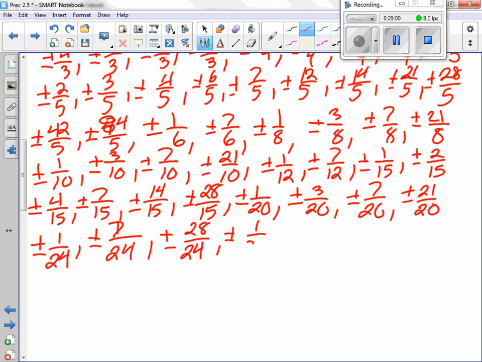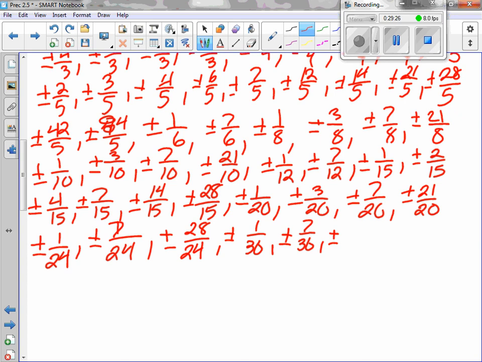30. 2 over 30 is 1/15. 3 over 30 is 1/10. 4 over 30 would reduce. It's 2/15. 6 over 30 would be 1/6. 7 over 30 would not. 12 over 30 would reduce because they both have a common factor of at least 2.